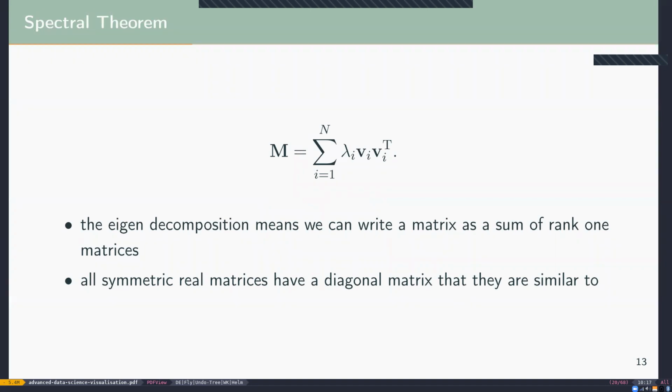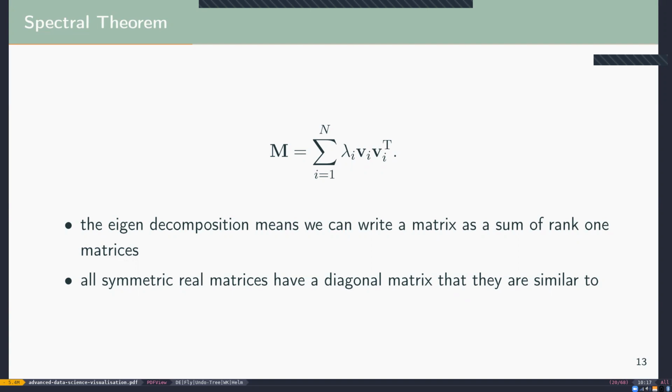So the cool thing with the Eigen decomposition is that there's something called the Spectral Theorem. And the Spectral Theorem says that all symmetric real matrices have a diagonal matrix which they're similar to. So if we've got a symmetric and real matrix, we can always do the Eigen decomposition. And further, it means that we can write this type of decomposition of a matrix.